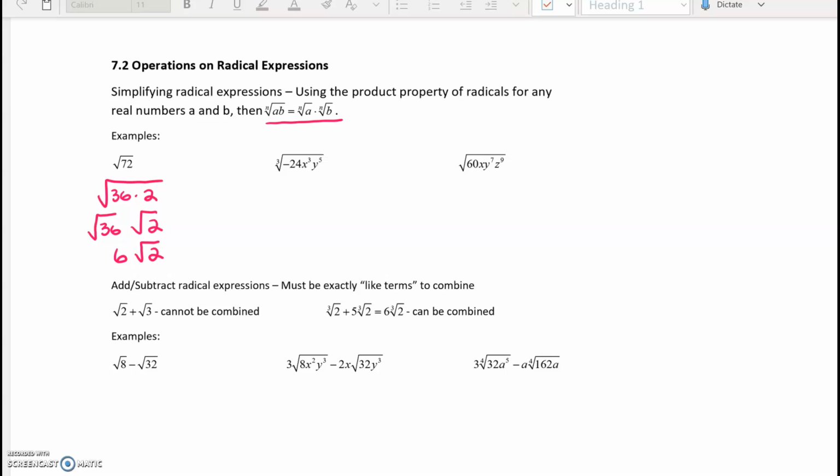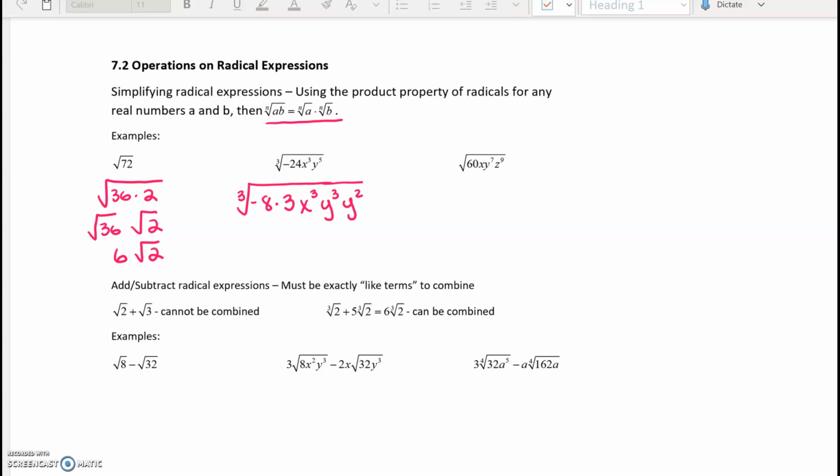The next one is a cube root, and it also has some x's and y's in it. So we're looking, find that column of your cubes. We're looking for numbers that divide evenly into 24 that are perfect cubes, and that's going to be your 8. So I'm going to rewrite this as cube root of negative 8 times 3 times x cubed times y cubed times y squared.